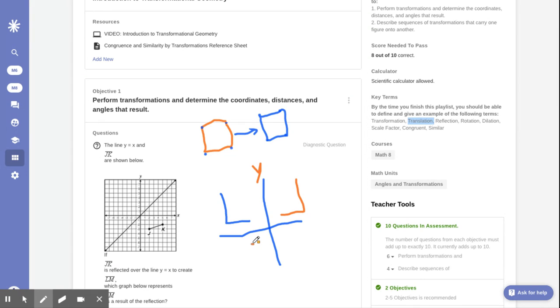Or I'm going to reflect it across the x, and it would be down here. Again, nothing changed sizes, nothing changed the shape. All we did was shift it over to the other side. Okay, so the main thing on reflections is paying attention to, does it say reflect y or reflect x? And so it's just a mirror image of that.